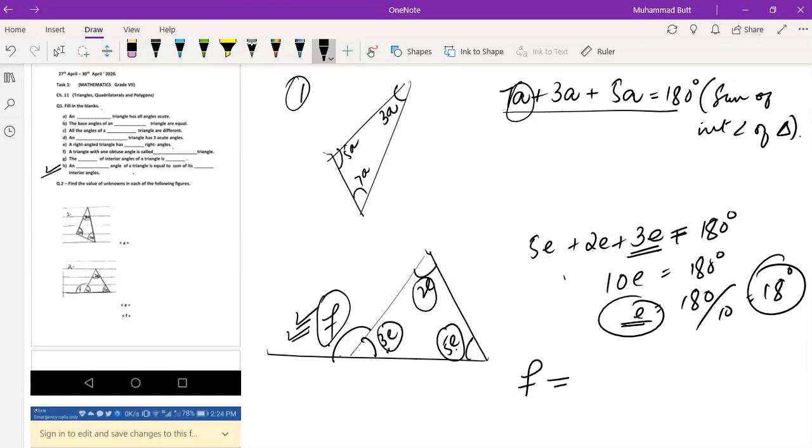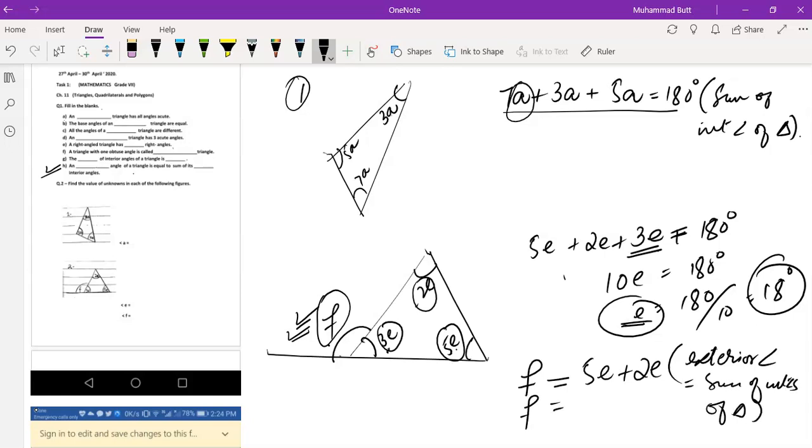So what are the opposite interior angles? 5E and 2E are the opposite interior angles. So we can say that F is equal to 7E. As we have found the value of E, that is 18, we can substitute the value of E over here and easily find the value of F.